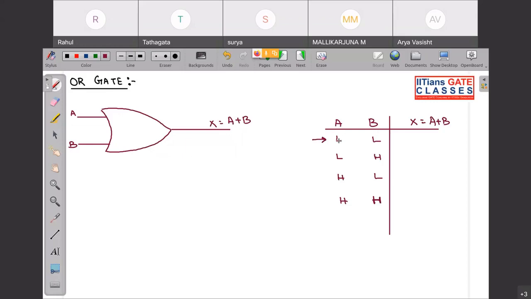So you can see at this place all the inputs are low, so the corresponding output will be low, and in the rest of the places any one of the inputs is high, so your output will remain high. Now you can encode this in positive logic. Usually we see this in textbooks.